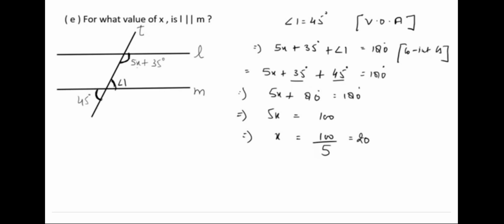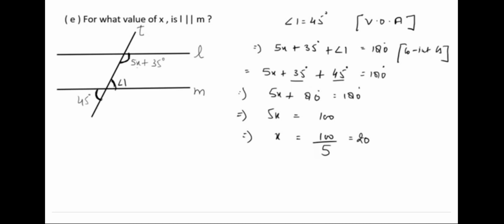Next part E. For what value of X is L parallel M? Students, we have to find the value of X if L parallel M. Here angle 1 is equal to 45 degree because it is given, vertical opposite angle.